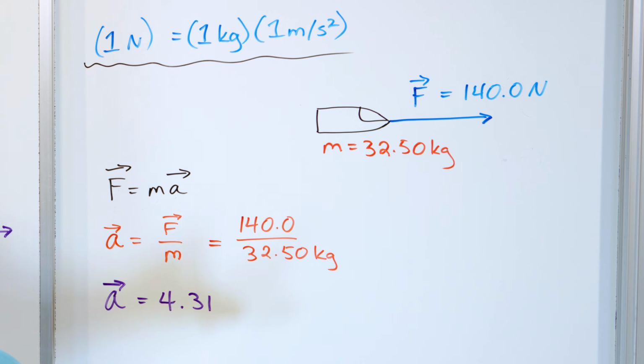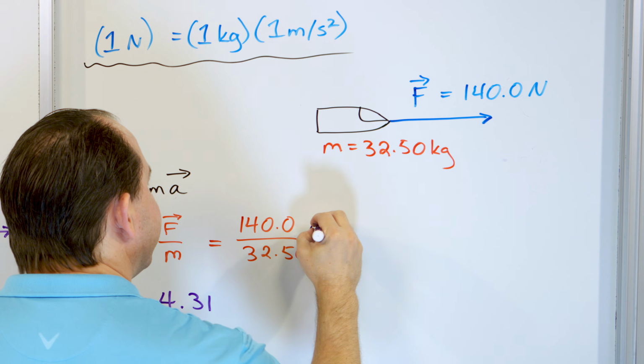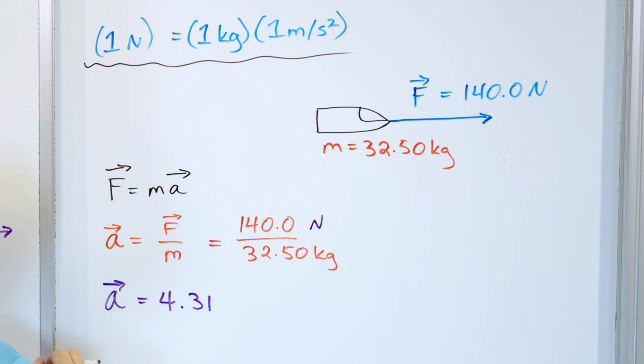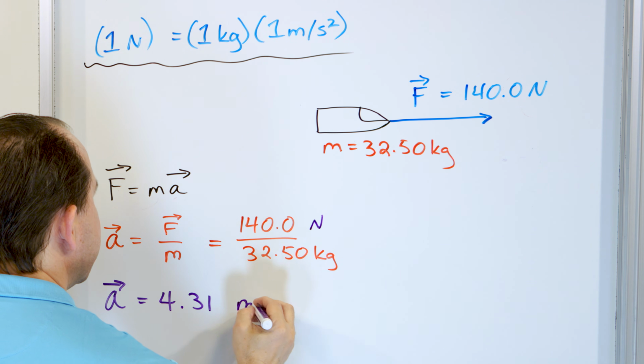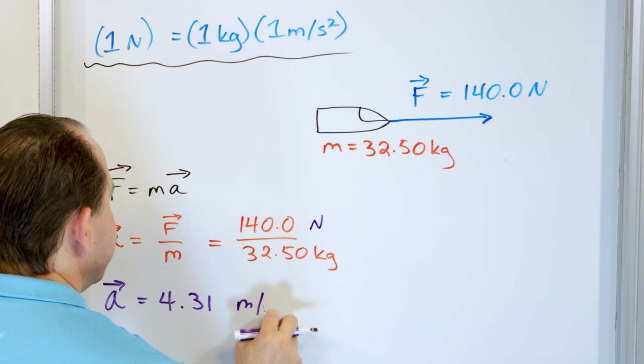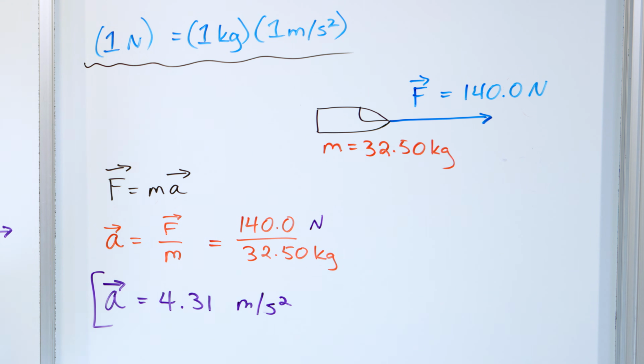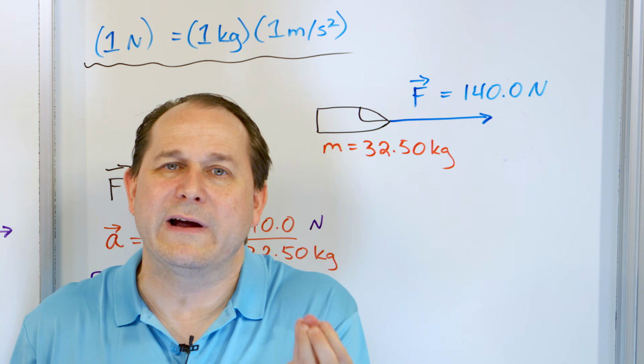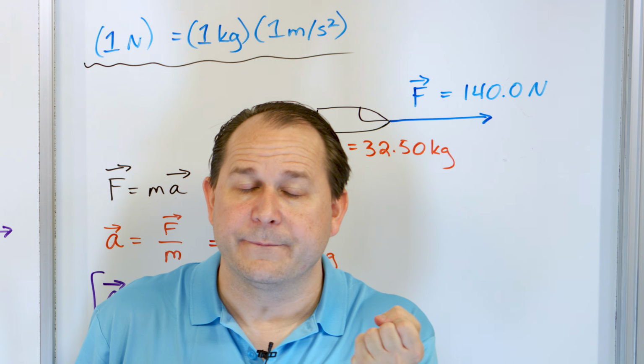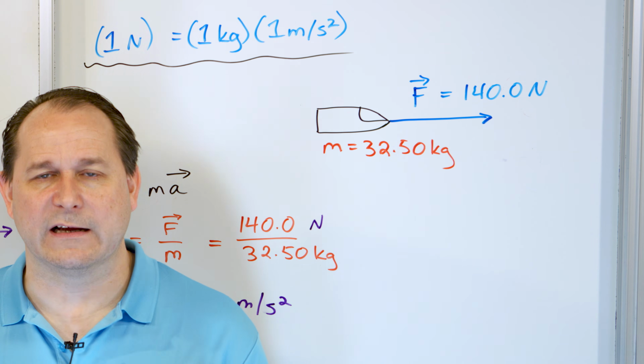And so whenever you run this through a calculator, when you say 140 divided by 32.5, you get 4.31. And what units is it? Well, you always want to have your forces in newtons and your masses in kilograms. And when this happens, meters per second squared is what the acceleration is. So what you've done is translated the force into a movement, into acceleration.